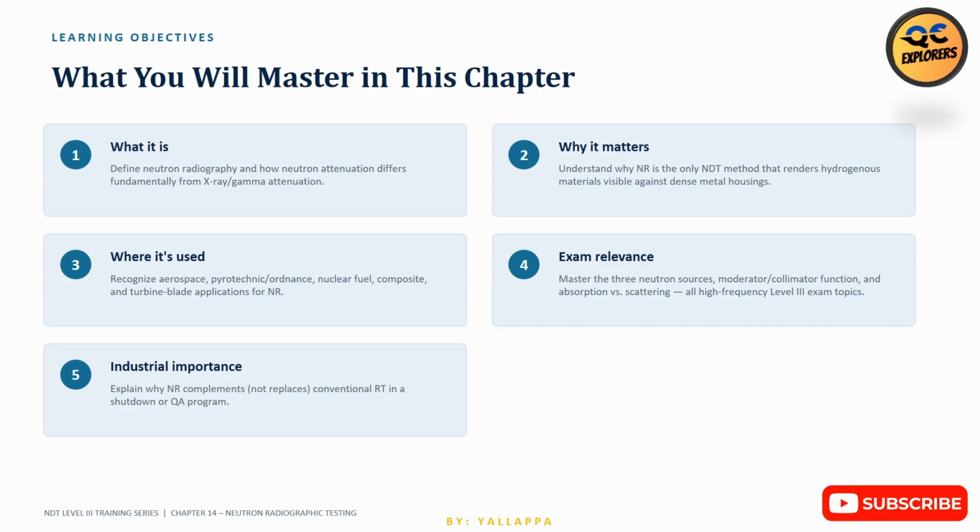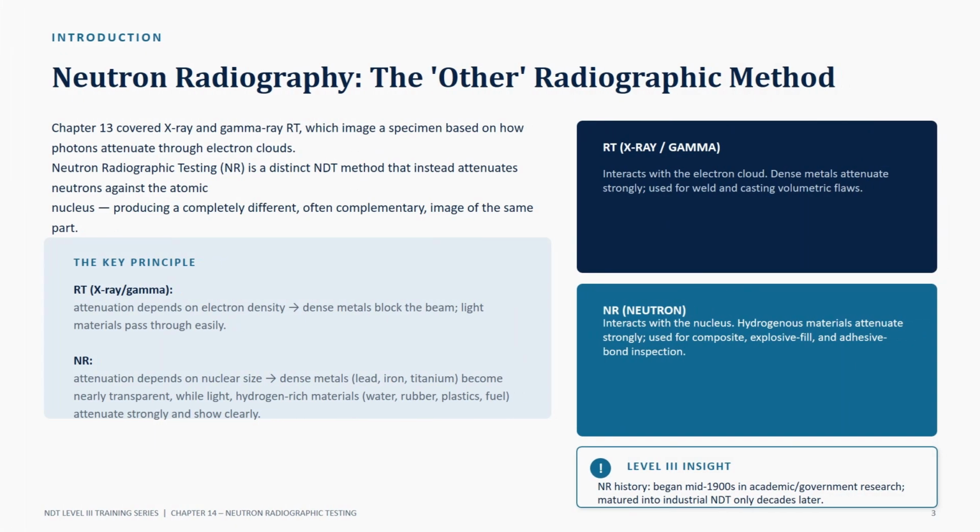By the end of this chapter, you should be able to explain not only how neutron radiography works, but also when it should be selected as the preferred inspection method and why it offers unique advantages in certain applications. Now that we've established our learning goals, let's begin by introducing neutron radiography itself and comparing it with the radiographic techniques you've already studied.